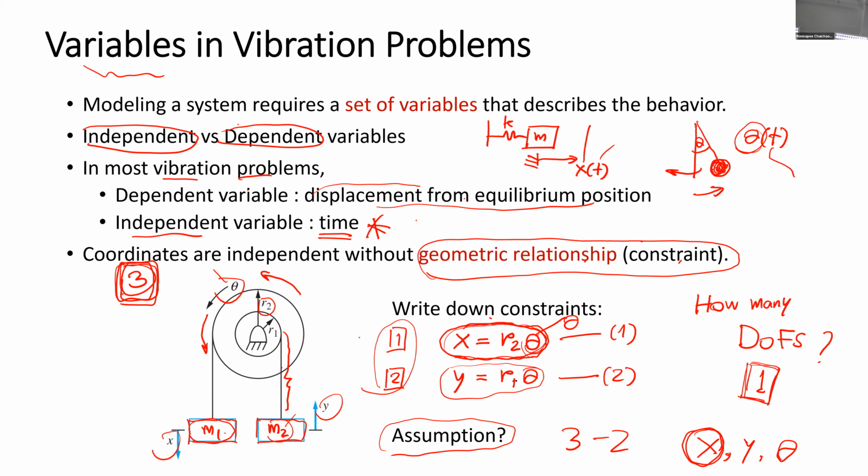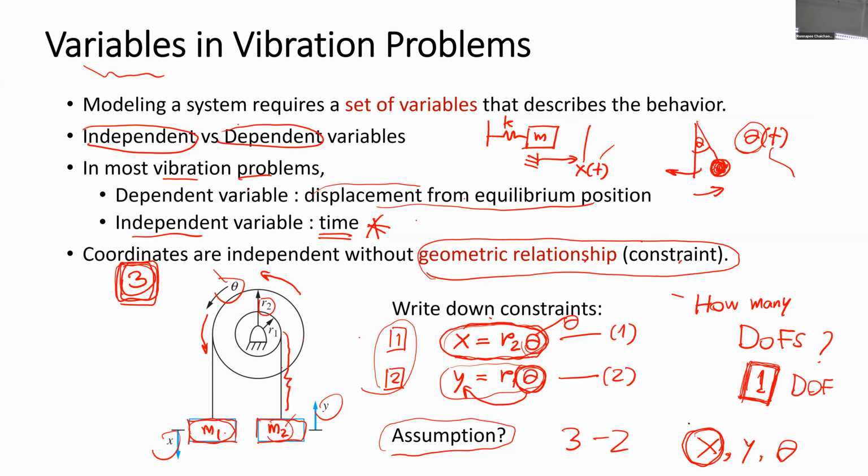And by this constraint, if you know theta, you know y. So only 1 coordinate can describe the motion of the whole system. Only 1 coordinate can describe the motion of this system. So this system has 1 degree of freedom.